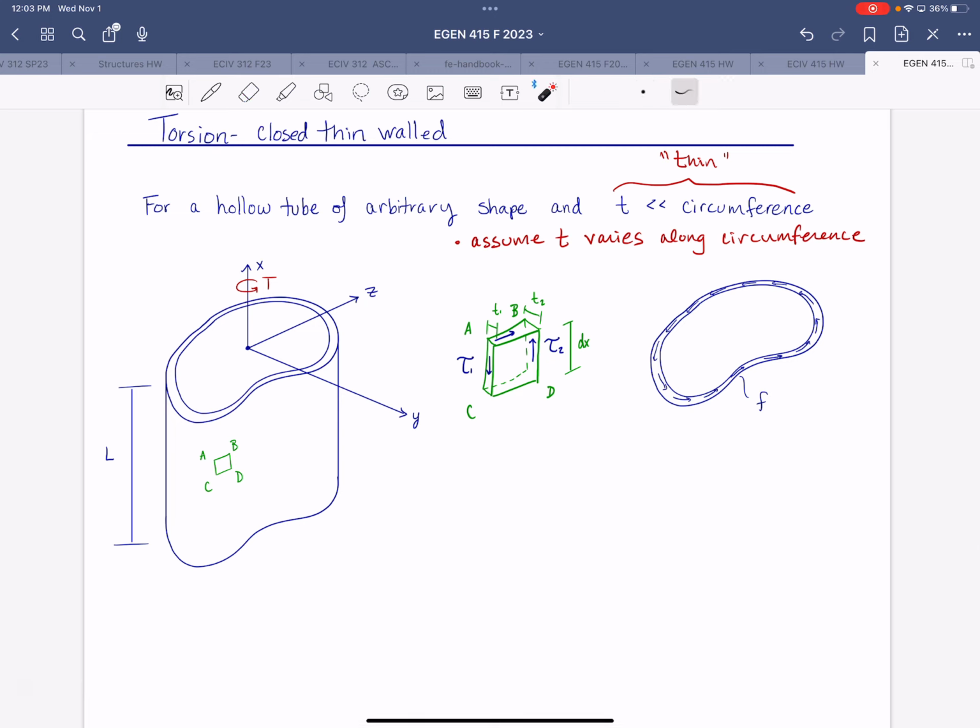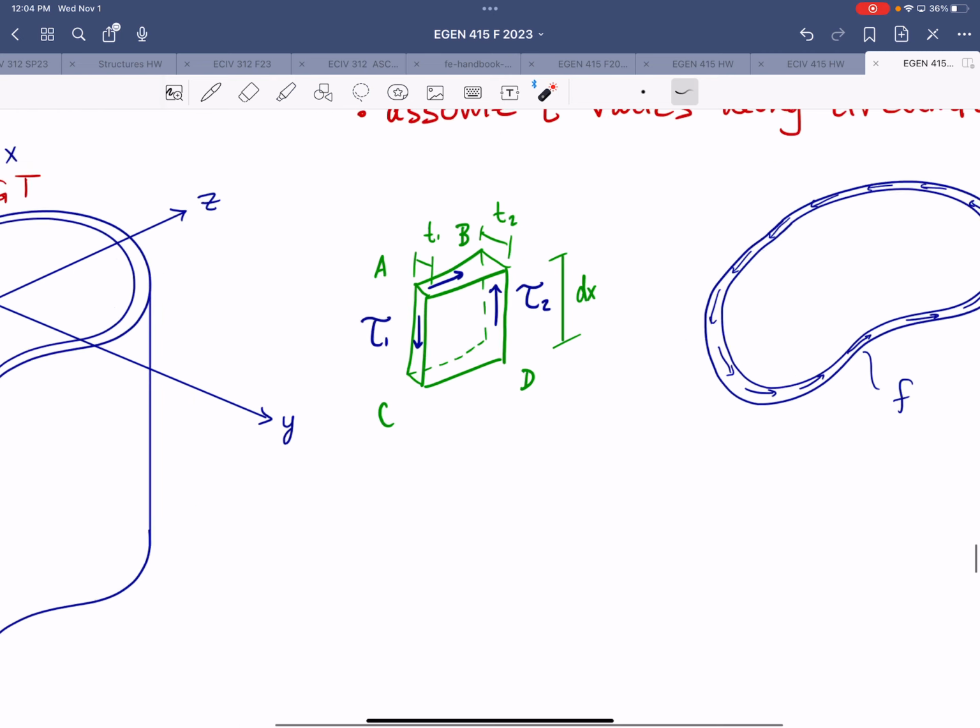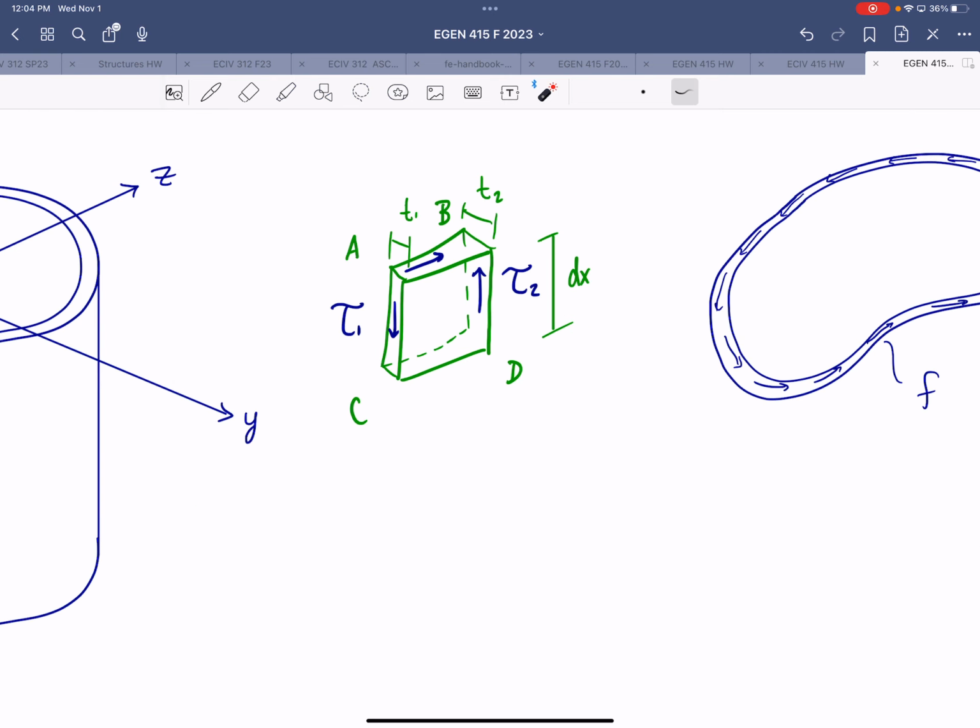So consider this element where x is along the longitudinal axis about which the torque is applied. And we're going to zoom in on this finite area, A, B, C, D. Take a chunk out of that, and we have one thickness on one side and a different thickness on the other side as we go around the circumference.